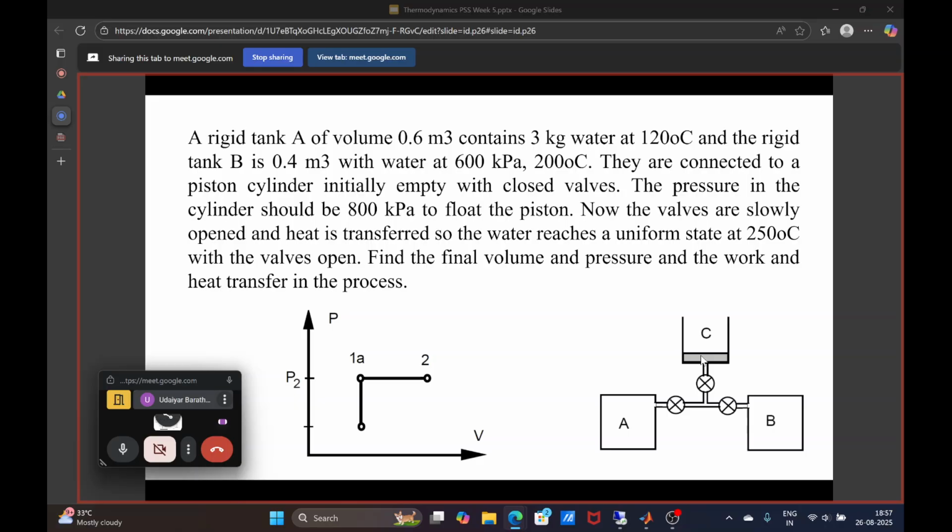So initially volume is constant till the pressure is 800 kilopascal, and in the second process the pressure is constant and the volume changes. So you have two processes: V equals constant and P equals constant.